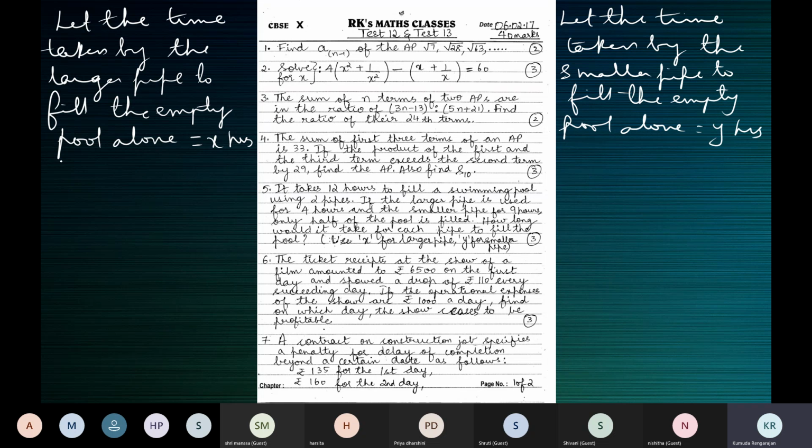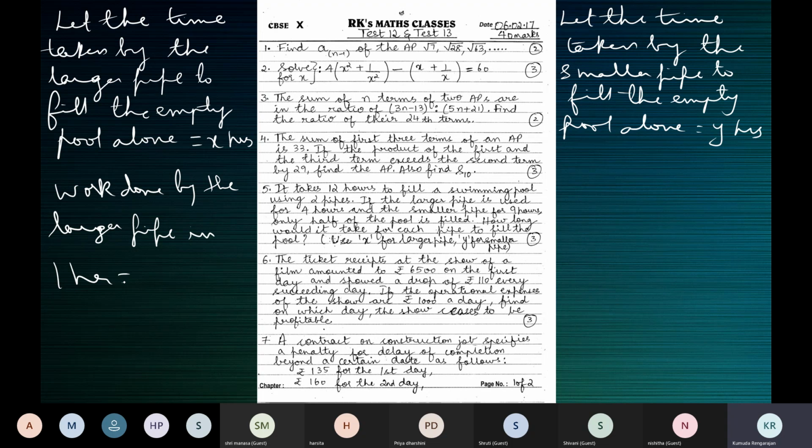So 1 hour's work, that is work done by the larger pipe in 1 hour, is equal to 1 by X.